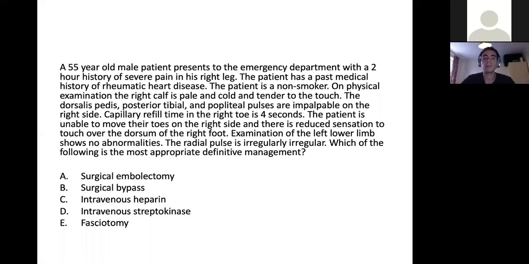We're thinking that this is likely to be secondary to an embolus, and the emergency management would be a surgical embolectomy. When we go through the explanation of limb ischemia, we'll go through when surgical bypass and fasciotomy might be an option for management.